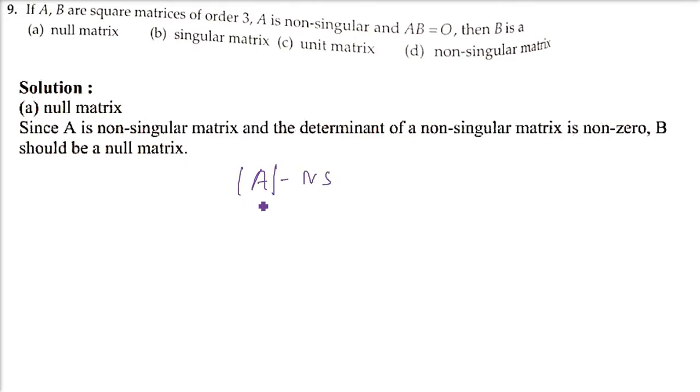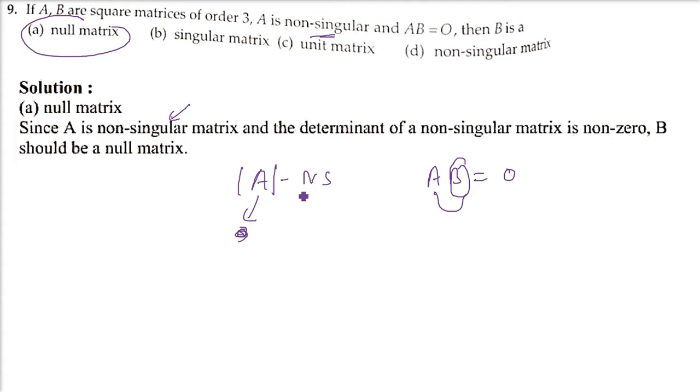If it is singular, the determinant has to be 0. So if A is a non-singular matrix, whose determinant is non-zero, B has to be a null matrix. If B is not a null matrix, you won't get AB equals 0. Okay. So the answer here is a null matrix.